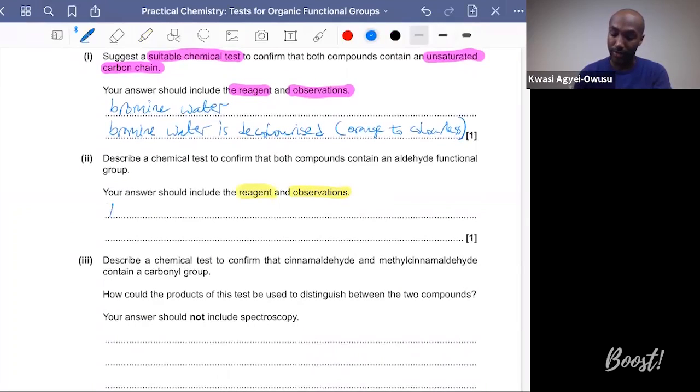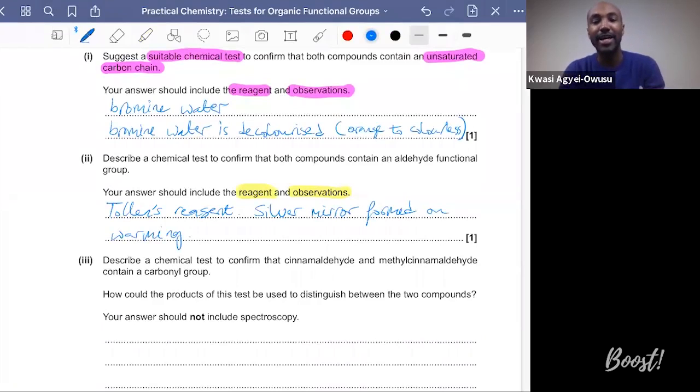The reagent, of course, would be Tollens reagent, and we're going to see a silver mirror on warming. So that is pretty straightforward.